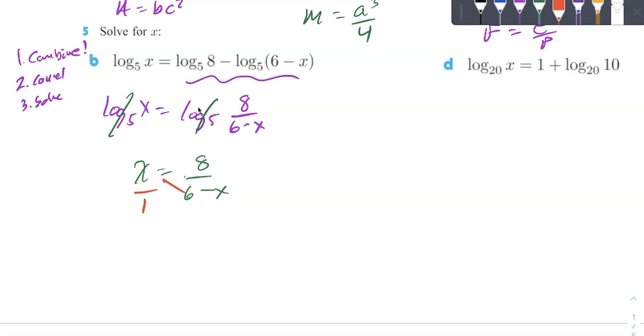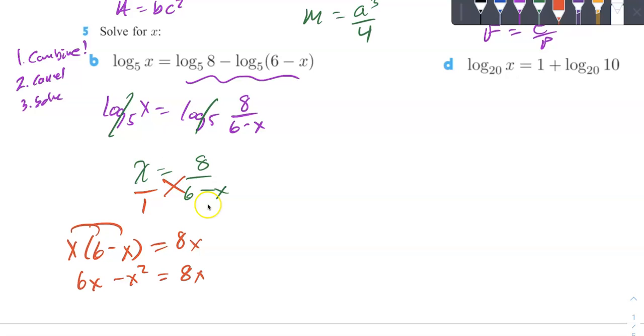I'll probably cross multiply, and I get x(6 minus x) equals 8x. Distribute: 6x minus x squared equals 8x. Set equal to 0. Now I don't like having my negatives, my x squared is negative, so I'll move everything to this side. I add x squared to both sides and subtract 6x from both sides.